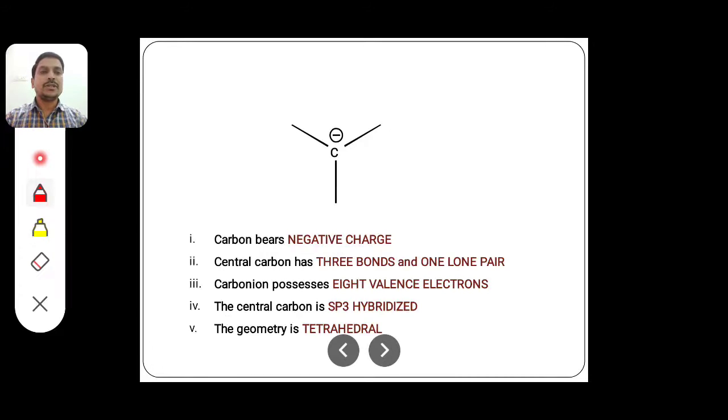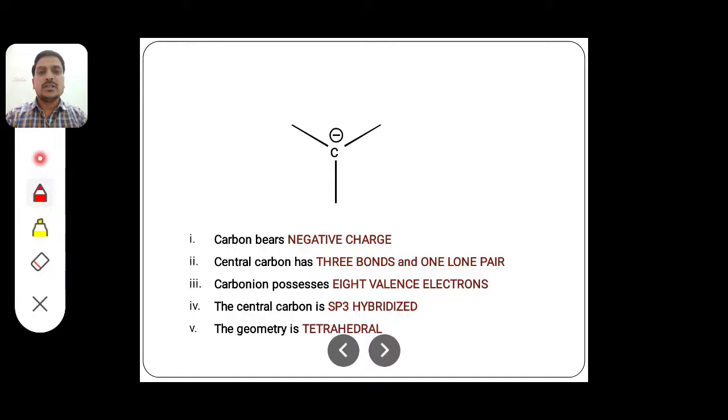Let us see next point. Few characteristic features about carbanion. As we know, carbon bears negative charge. It is a negatively charged species, hence it will be nucleophilic, and sometimes basic. Central carbon has 3 bonds and 1 lone pair.